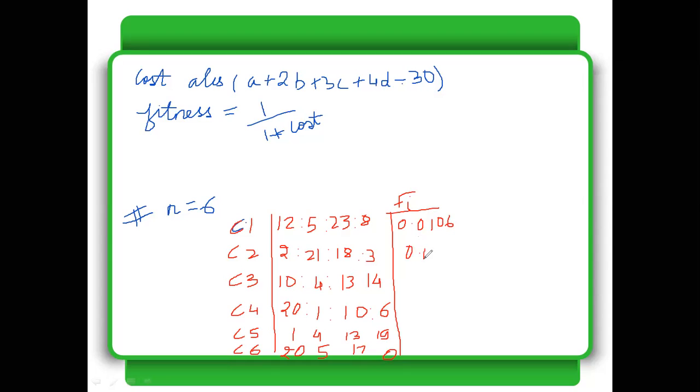On similar lines, for C2 it comes out to be 0.123. For the next it is 0.0119. Next it is 0.0213.